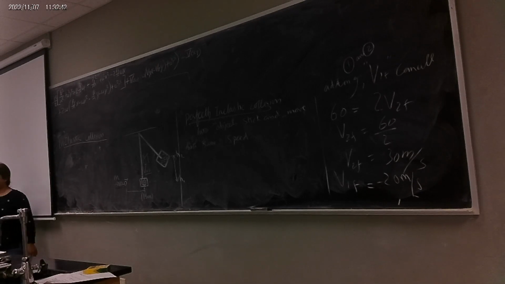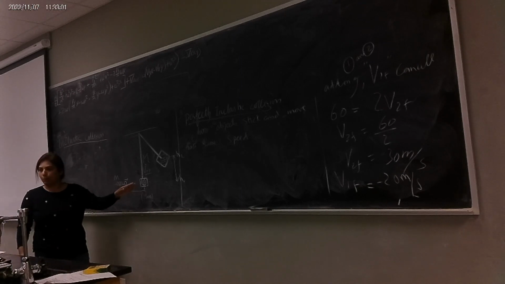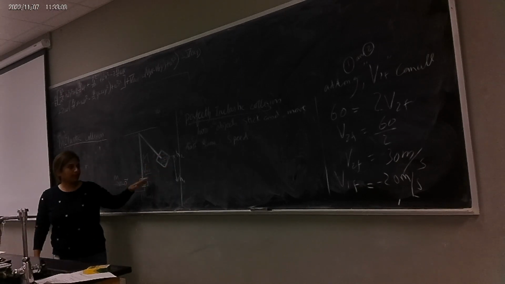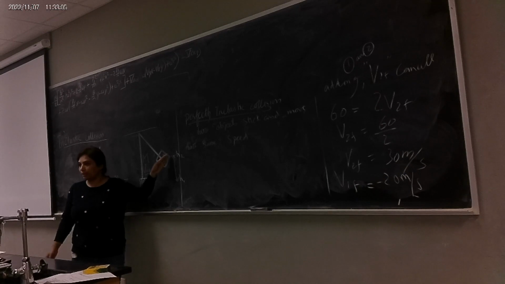What kind of energy does it have at the top? When it is swinging, going up, what is it doing? It's losing its kinetic energy and gaining potential energy. Kinetic energy has completely converted into potential energy at the end.